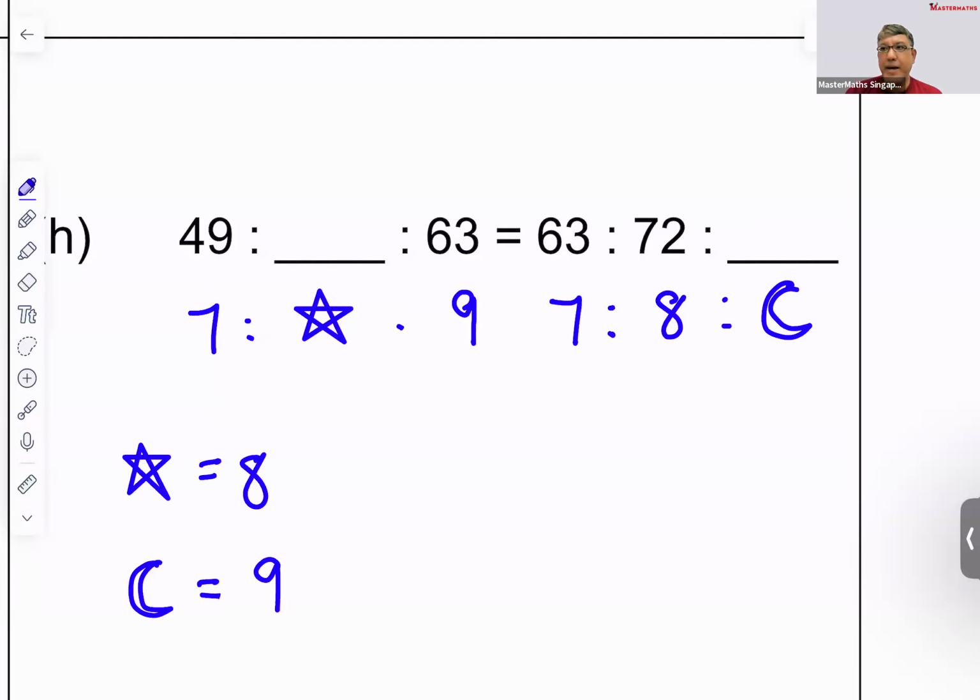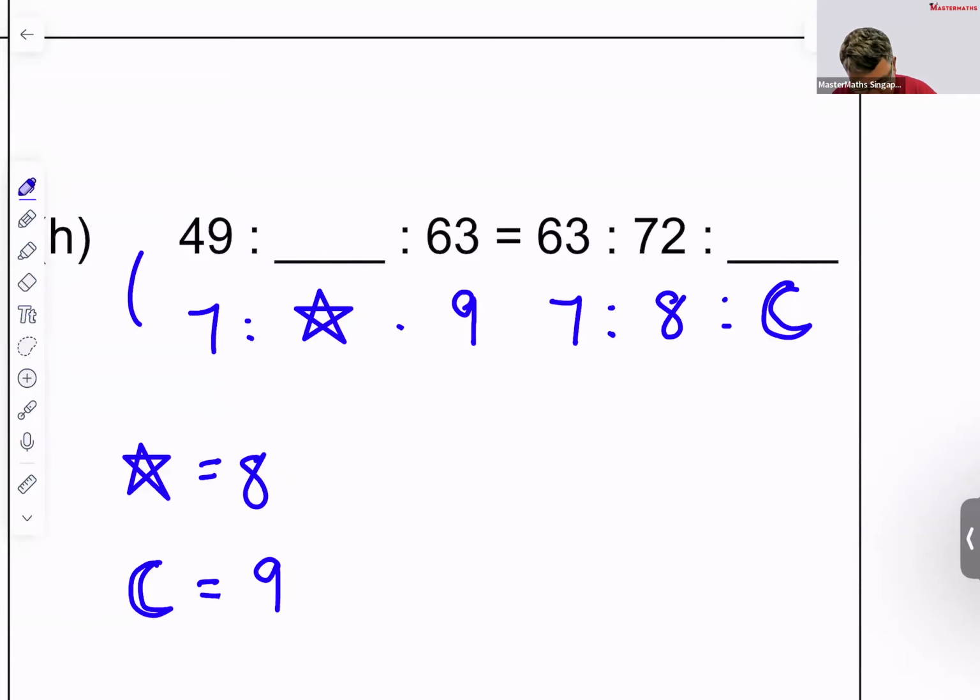Can you see that? We compare the positions: 7, 8, crescent moon and 7, star, 9. So the 7 is the repeated identity, right? It's the same on both sides. So the star must be 8, and then the crescent moon must be 9.